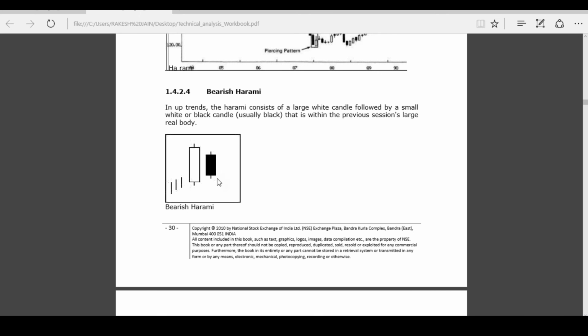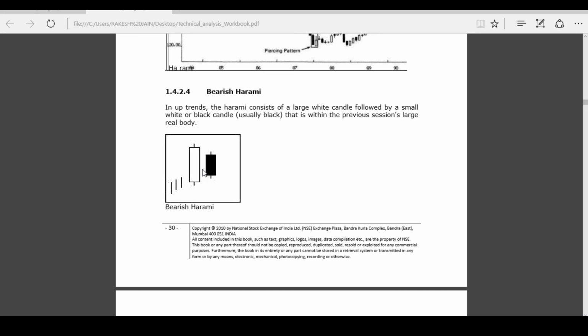But what is happening here is just the opposite: the first day's real body is this, and the second day's real body is within the real body of day 1. Is it clear? Everyone clear? Okay. This is an inside day, also an inside day. Yes, it's the opposite.